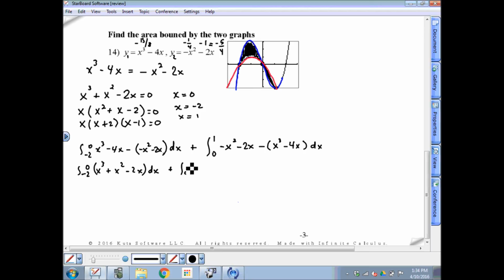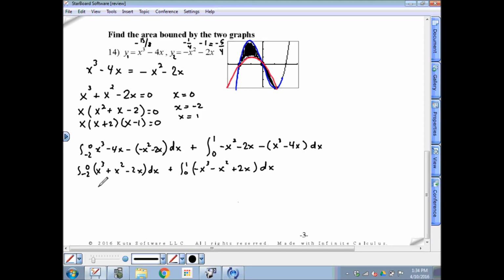And then we're adding the integral from 0 to 1 of negative x to the third minus x squared plus 2x dx.